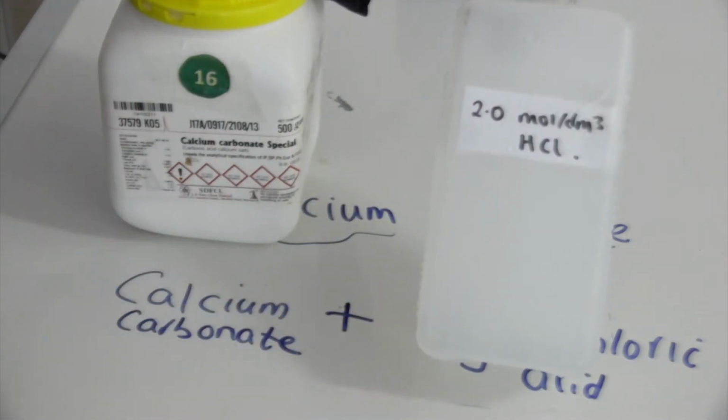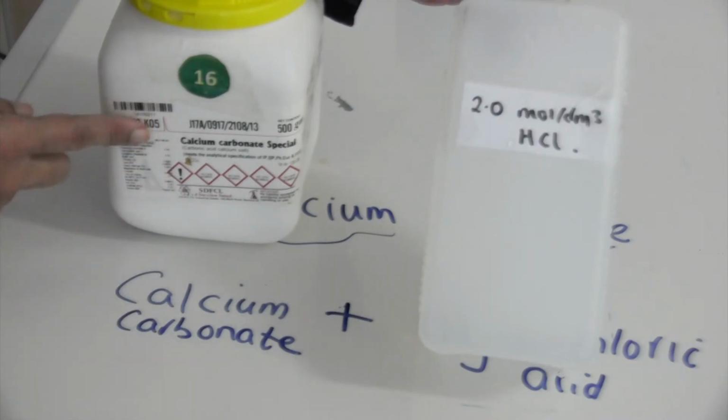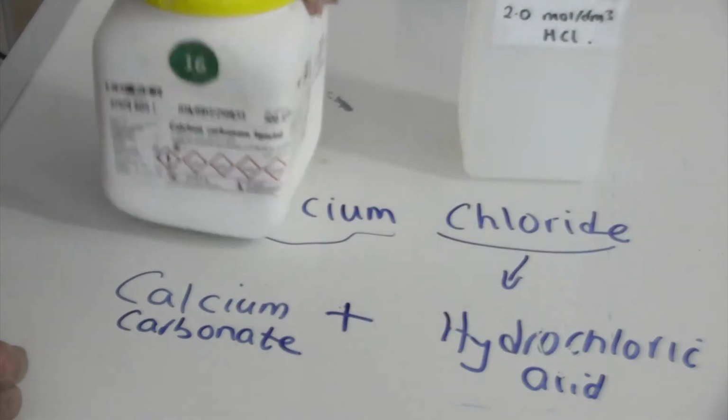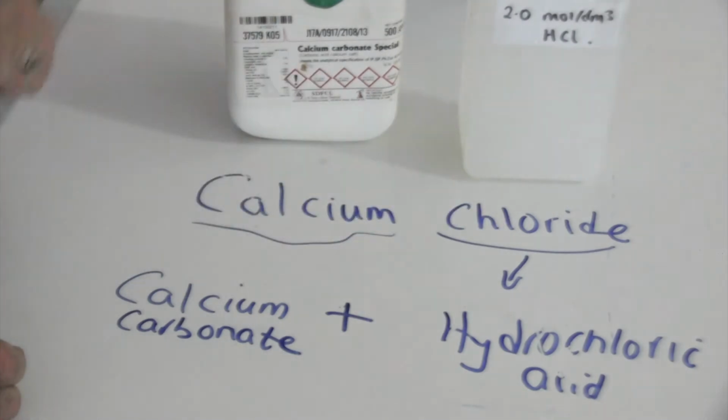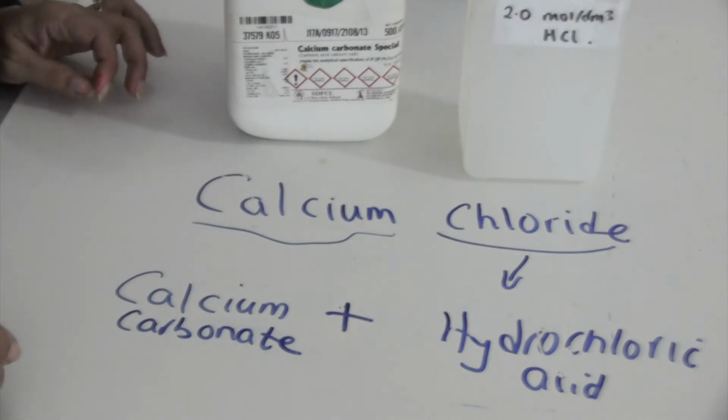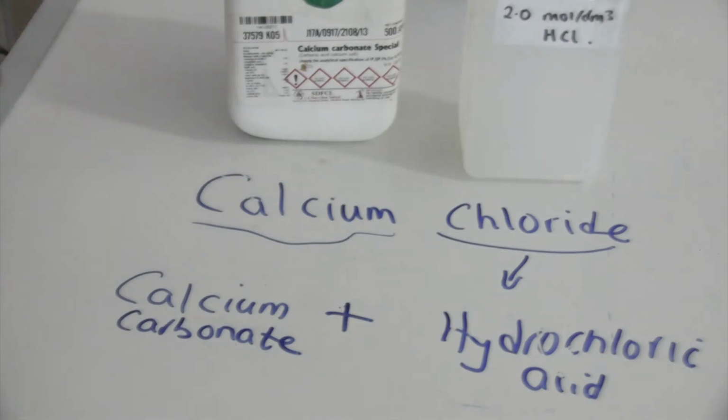So I'm going to mix both together, and then I'm going to filter the excess calcium carbonate because I'm going to put this in excess. And once I filter this, I'm going to get my filtrate, and then I'm going to evaporate my filtrate to get the salt calcium chloride. Okay, so I'm going to do the practical for you to see how to do it. And based on this, you're going to create a science report, which I'm going to guide you further in the instruction. Okay, alright, so let's start.